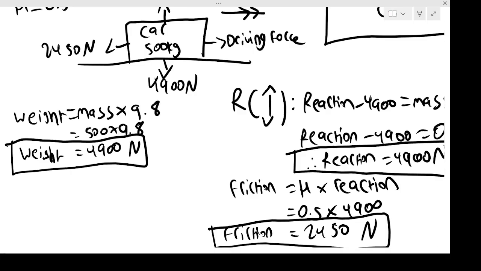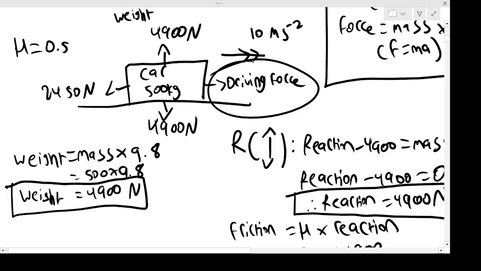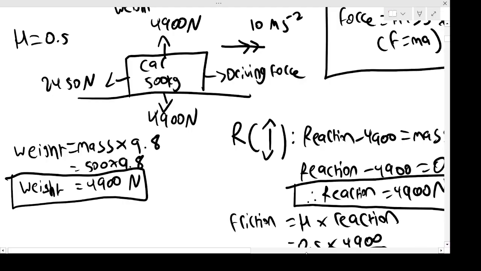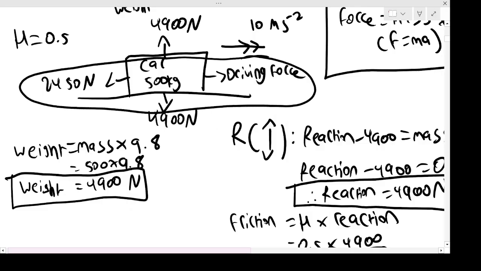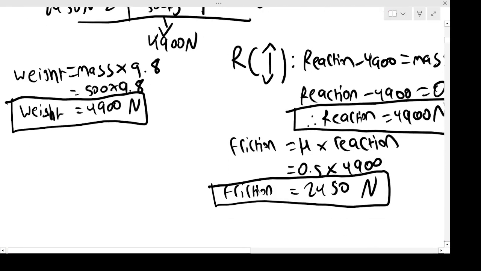Right, the final force we need to find is the driving force, so the forward force, right? So to do that, we've looked at the vertical, the up and down forces. Now we need to look at the right and left forces, so the horizontal ones. So again, what I'm going to do now is say resolve right and left like this.